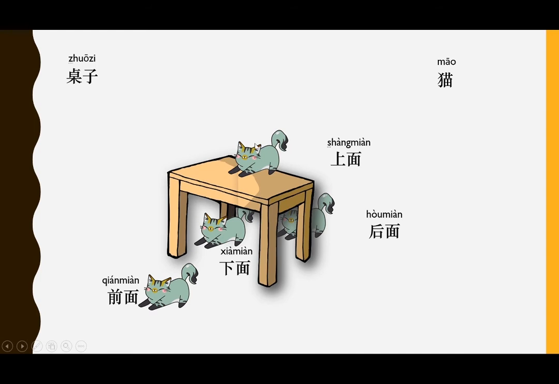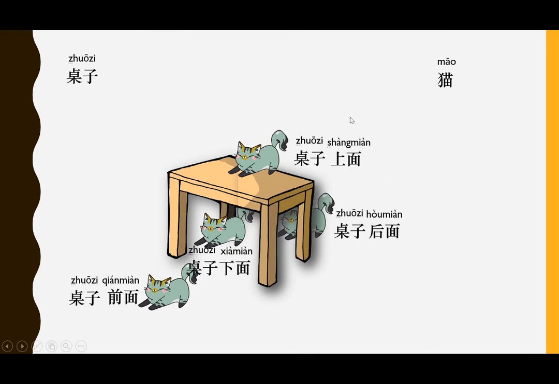To be noticed, they are all about the name of the location. And since they are all about the table, so we can put 桌子 in the front, like 桌子上面, 桌子后面, 桌子下面, 桌子前面. Okay, now please read after me.